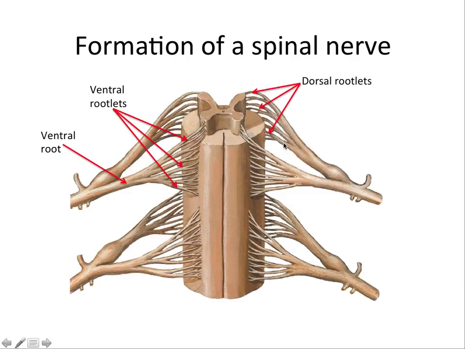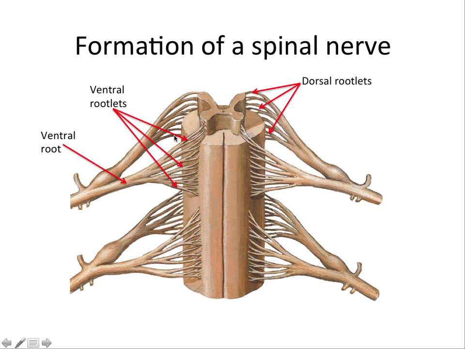And the dorsal rootlets are going to bring sensory information back to this, and this is the dorsal horn of the grey matter. So the dorsal rootlets are exclusively sensory. And when we say something is coming back toward the central nervous system, we call it an afferent neuron.